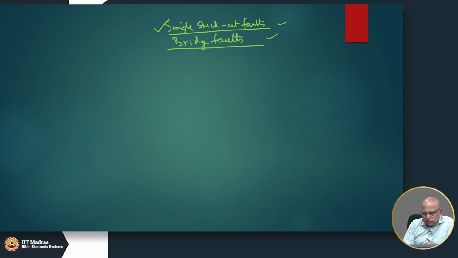So, let us take another example. We have so far considered an AND gate, and we looked at every possible fault. We can have A0, A1, B0, B1, C0, C1.